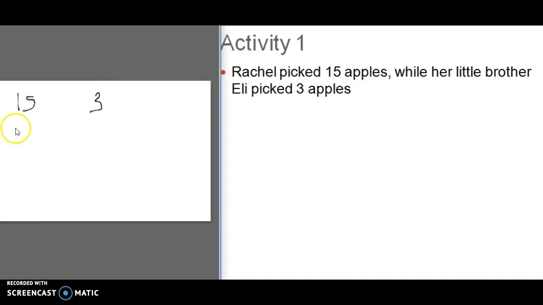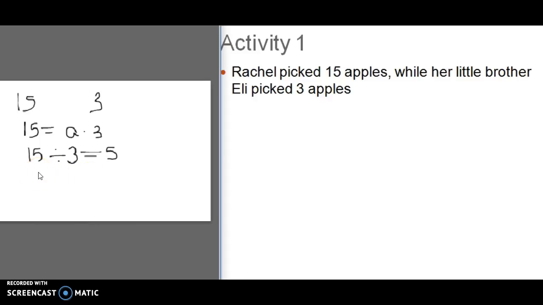So thinking about the variables that we've been talking about, I'm going to say 15 equals A times 3. Okay, so as I'm looking at this, I need to solve for A. So remember, I'm doing multiplication here, so I need to do the opposite. So I'm going to be doing 15 divided by 3, which is also the inverse, equals 5.